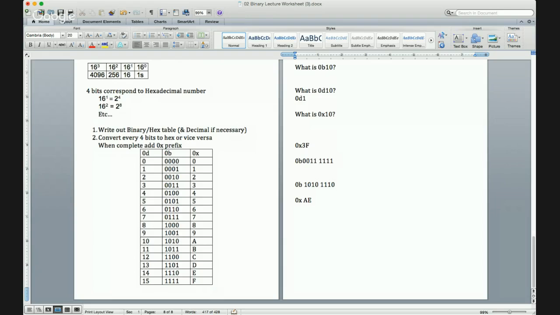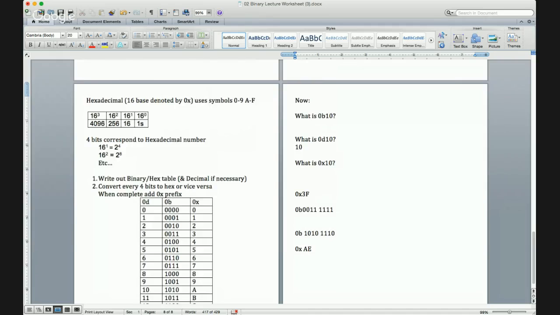Decimal 10, okay? Or maybe just for the sake of this, I'll leave out the 0d. Decimal 10, of course, is 10. So what is binary 10? What is hexadecimal 10? And of course, what you use to get this would be those positional tables.